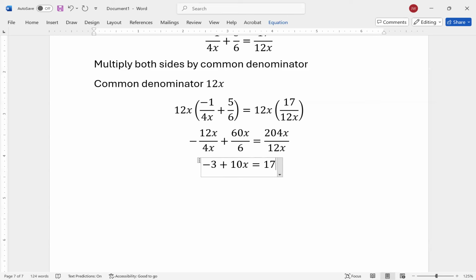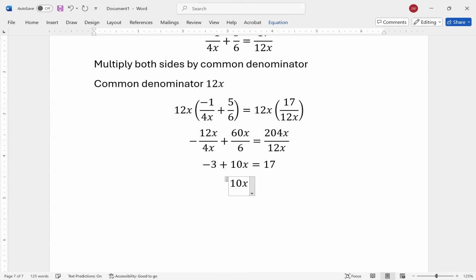X over x is 1. So this is what I get. Negative 3 plus 10x is equal to 17. And this equation is straightforward to solve. You can solve just like any other linear equation in one variable. I would add 3 to both sides.